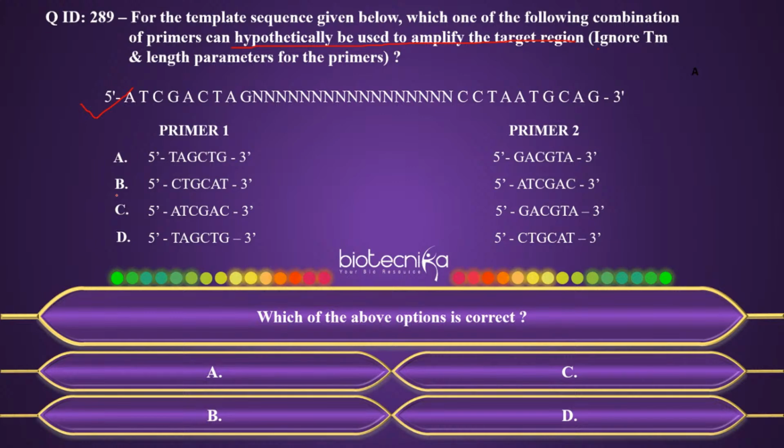So this is the template that is being given to you, and this is primer 1 and primer 2, and you have to tell me which option is the correct one here, which primers you can utilize to amplify the target region.